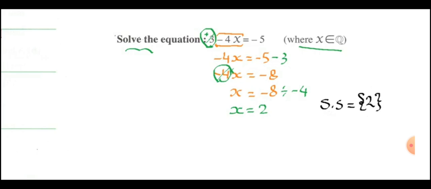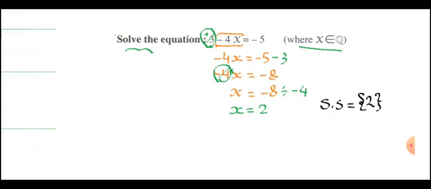We find equal. Then we have to change 3 to the other side with the opposite sign. So here, 3 is positive, and we have to put it on the other side as negative. Then we can say negative 4x equals negative 5 minus 3. Then we get negative 4x equals negative 8.